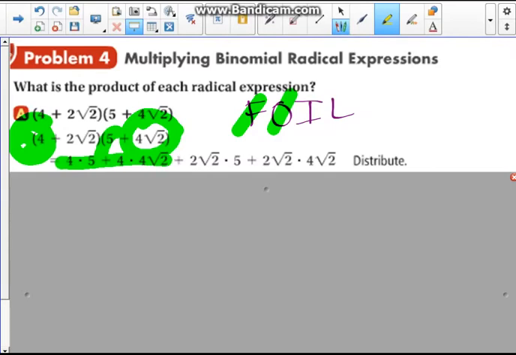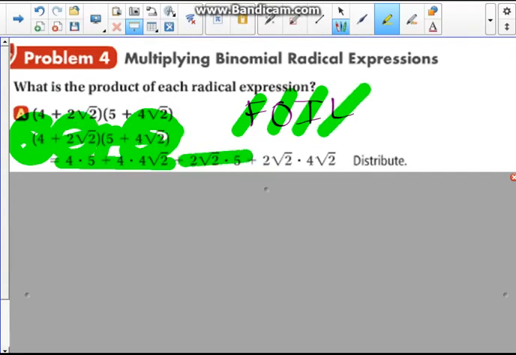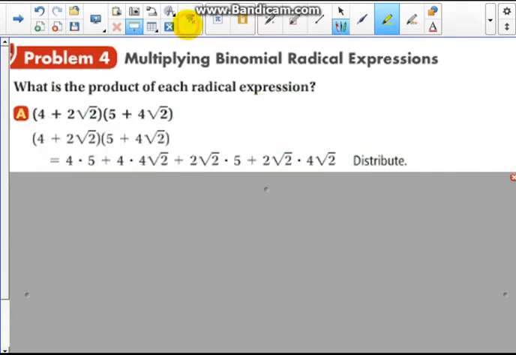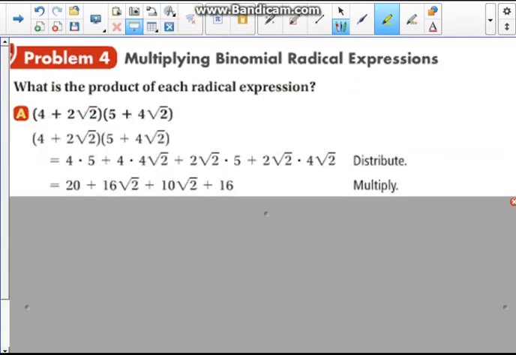So there we go. And inside are our 2 inside terms. So next we're going to go 2 radical 2 times 5, and there it is. And our last term is the last of each binomial, 2 radical 2 times 4 radical 2, right there. Okay, so once we get those down, then clean it up.